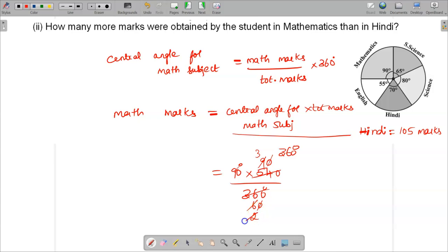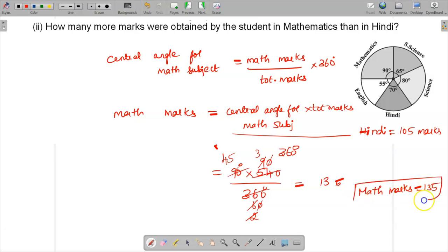So here 90 divided by 2 is 45 into 3. 5 3s are 15, 1 carry over, and 4 3s are 12, 12 plus 1 is 13. So the math mark is 135.